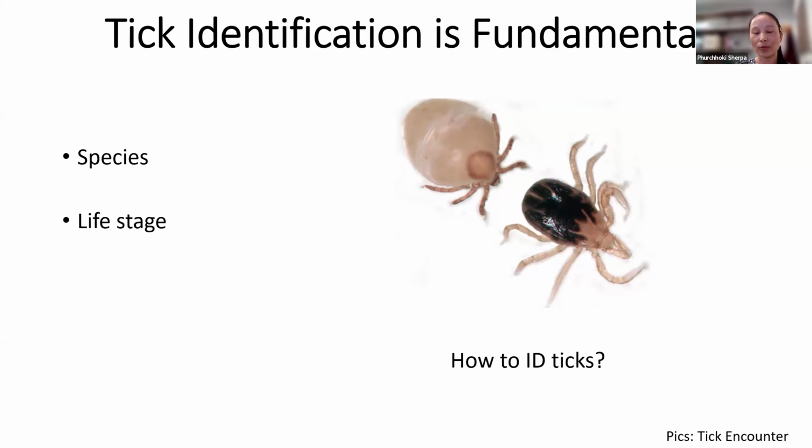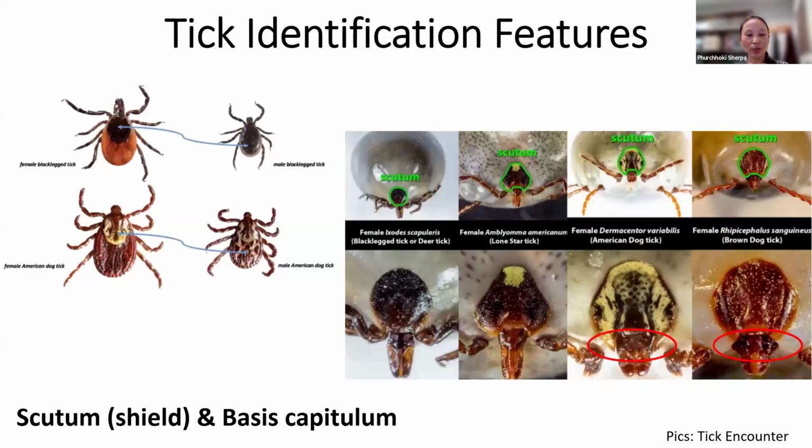For the next few slides, I'm going to show you what features we look at when we ID ticks. The first one we look at is the scutum, which is the shield on their back. Here in the left picture, you can see the shield, or the scutum.